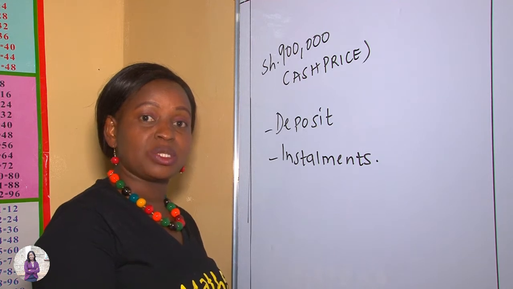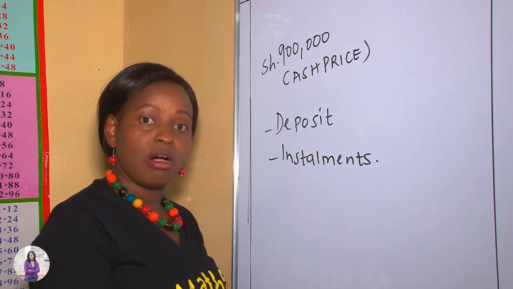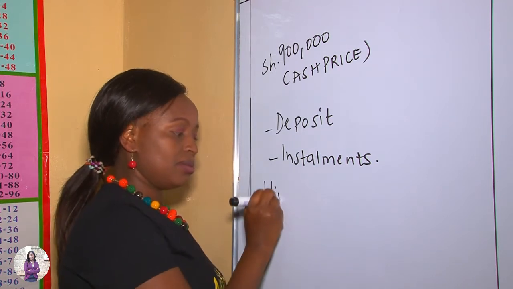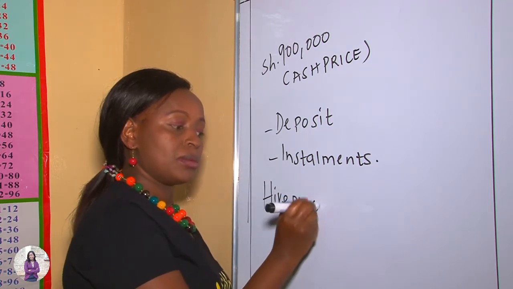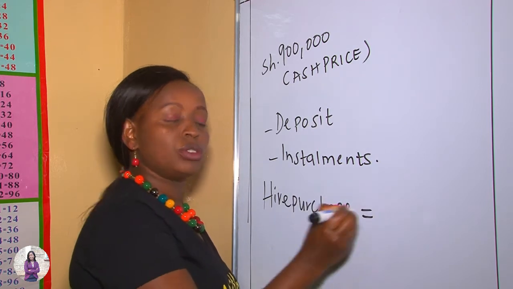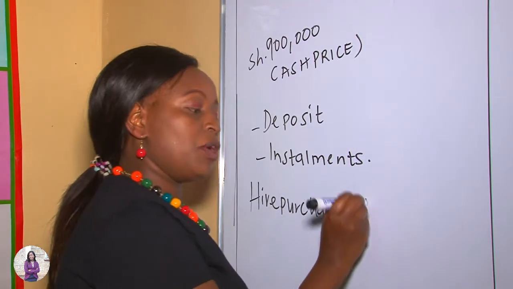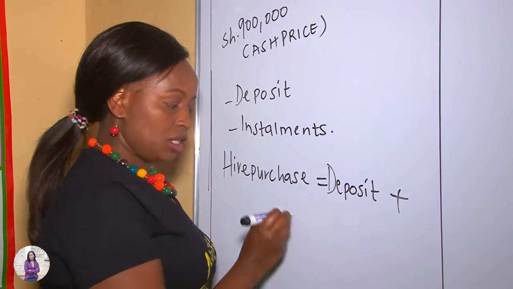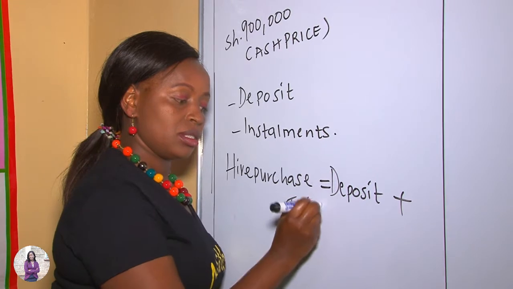Therefore, this takes us to the formula derivation of how to get hire purchase. So hire purchase is equal to deposit plus total monthly installments.